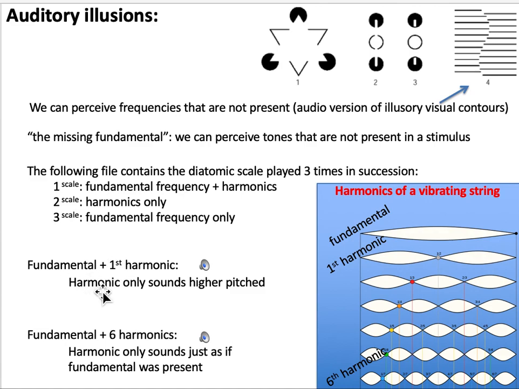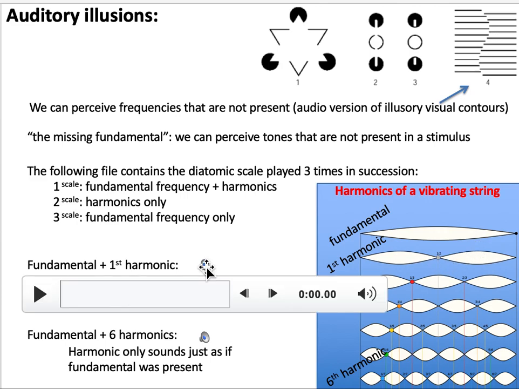So I'll play the first one, which is the fundamental plus just the first harmonic. When you hear just the harmonic, it's going to sound higher pitched because the wavelength is half. So it's going to sound twice as high. So that sounds higher. That's the harmonic.